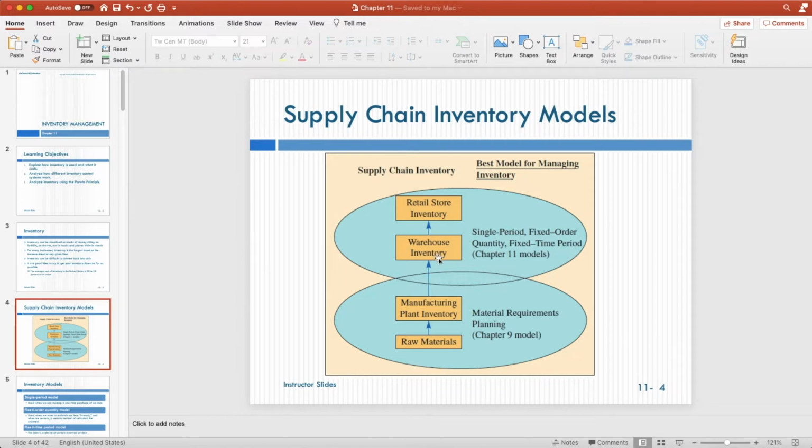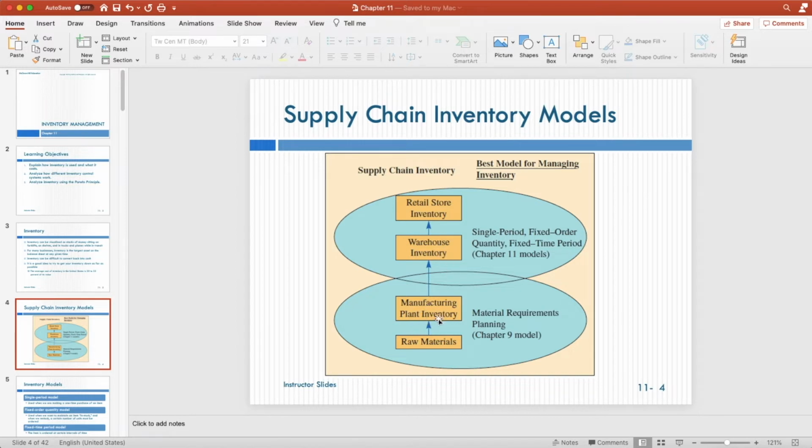The basic idea is very simple. Those two inventory, no matter whether in your warehouse or retail store, are finished good inventory, because you already finished the production procedure. So warehouse inventory and retail store inventory are already after you complete the production process.